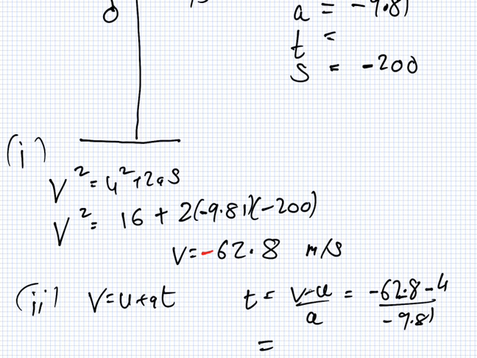Everything vertical, because it says in the question the helicopter's moving up, not across. You're right. This could have been a question where the 4 was horizontal.